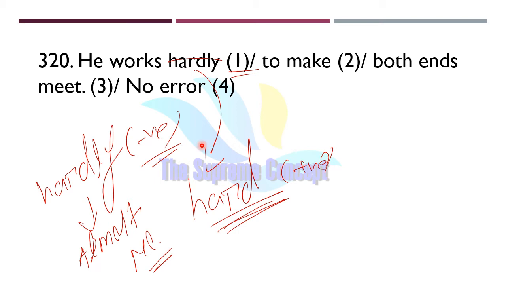Okay, so if he is working to fulfill his needs, to make both ends meet, then he is supposed to work hard, right? So that is why we will use hard here, the positive one, not hardly, which shows nothing. Okay, so let us move.